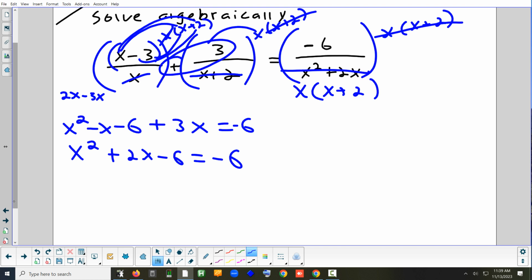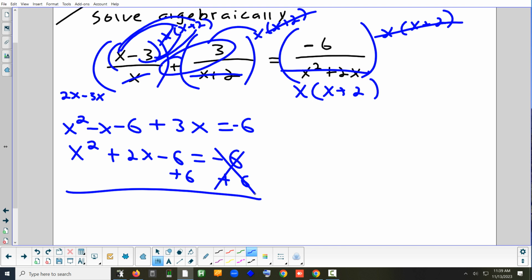And how would you move this negative 6 over? You'd add it. So that's gone. And that's gone. So the constant canceled as well. So now we have x squared plus 2x, and that's going to equal 0.